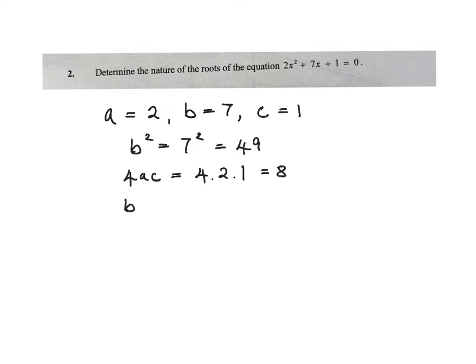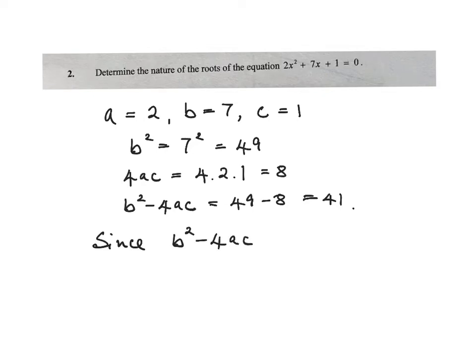So b squared minus 4ac is 49 minus 8, which equals 41. And since b squared minus 4ac is greater than 0, there are two real distinct roots.